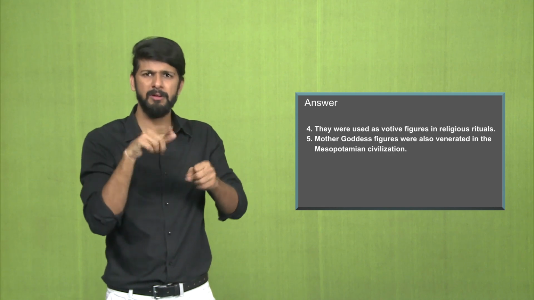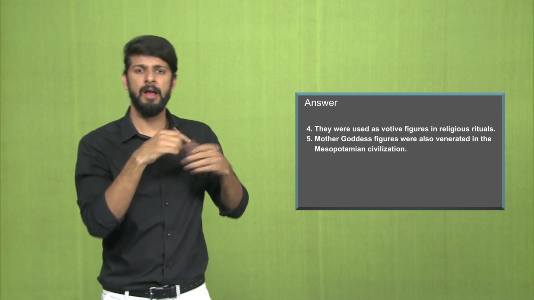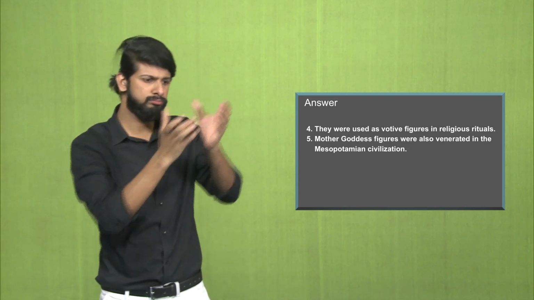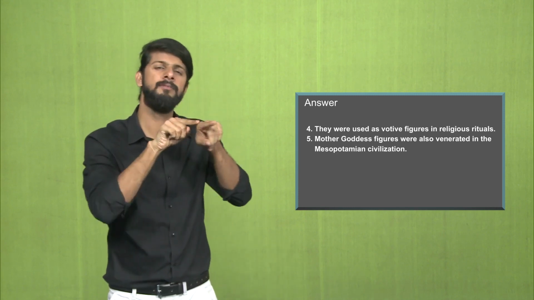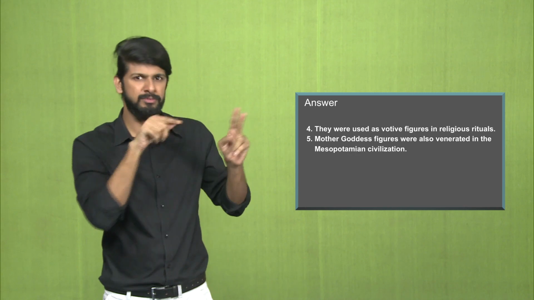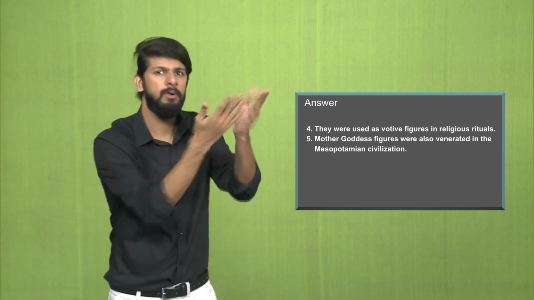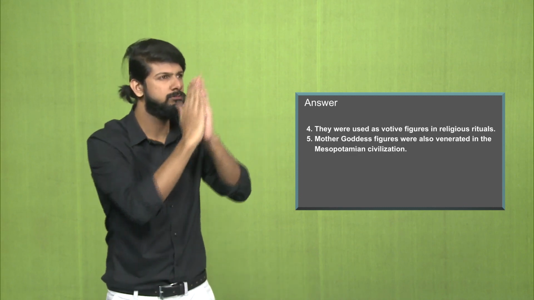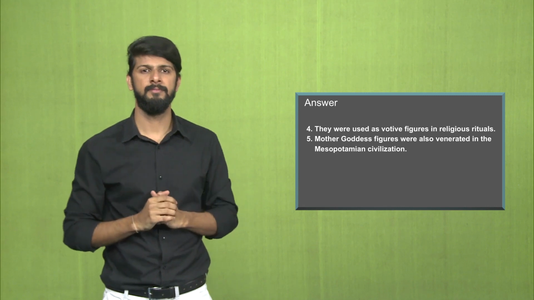Answer number 4. The mother goddess figurines and similar such figurines were used as votive figures in religious rituals. They were used as offerings to the gods. Similar to how when we have religious rituals at our homes, we have a lot of things like fruits, models, which we also offer to the gods.